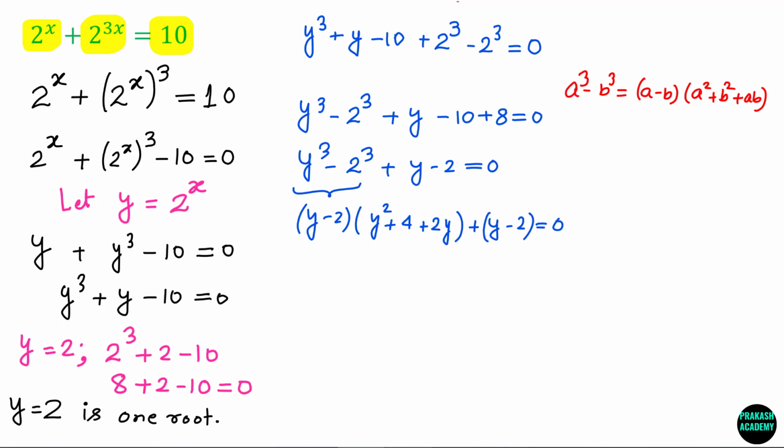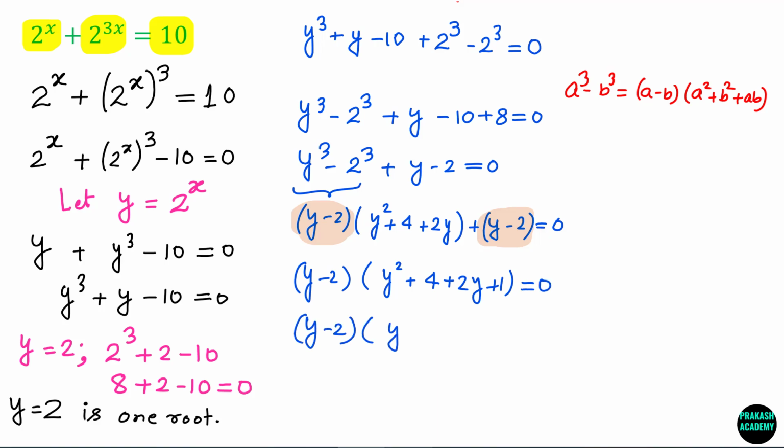Now you can see you have a y minus 2 term here, and you also have a y minus 2 term here. So I can take y minus 2 common. You will have y square plus 4 plus 2y plus 1, and this is equal to 0. This means y minus 2 times y square plus 2y plus 5 is equal to 0.